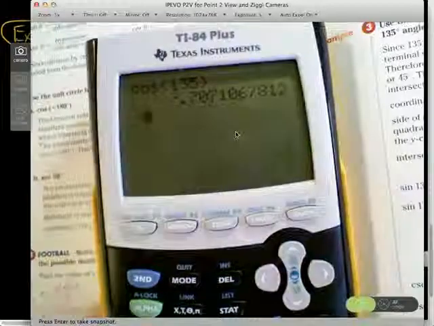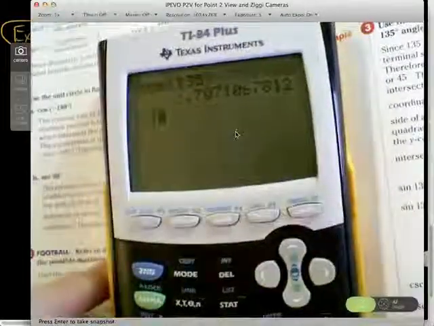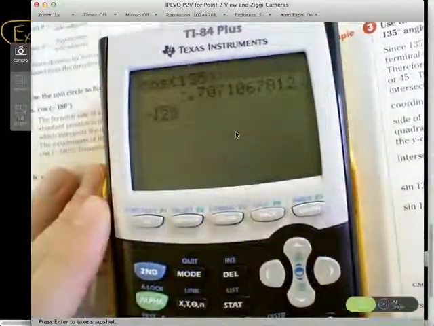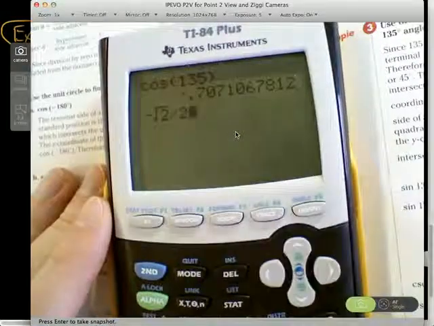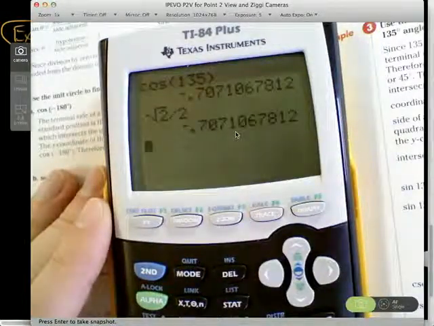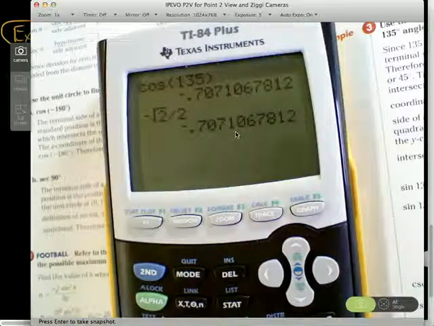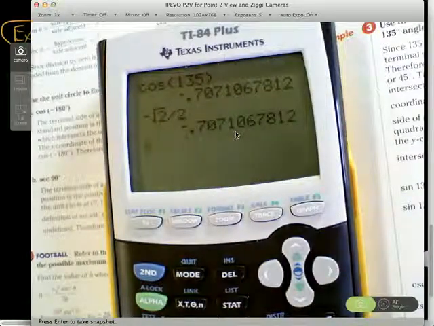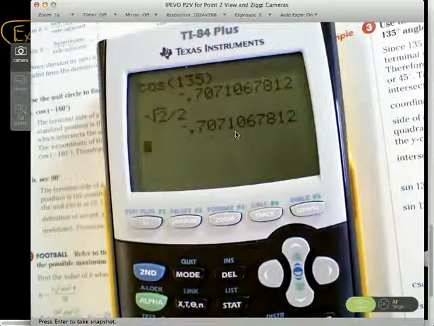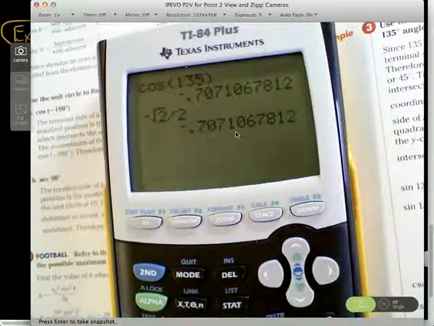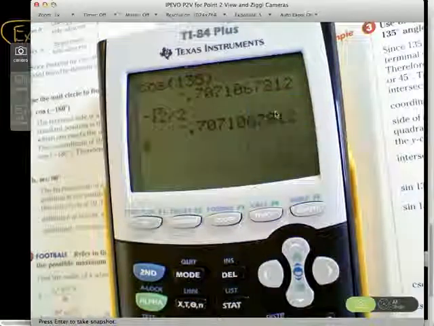I just said cosine of 135 is negative root 2 over 2. So let's actually calculate that. Negative the square root of 2, get out of that under radical, divided by 2, and there we go. Those are the same thing. So your calculator is actually able to give you these ratios, but if you're clever, you can often find these out yourself. Not too shabby.